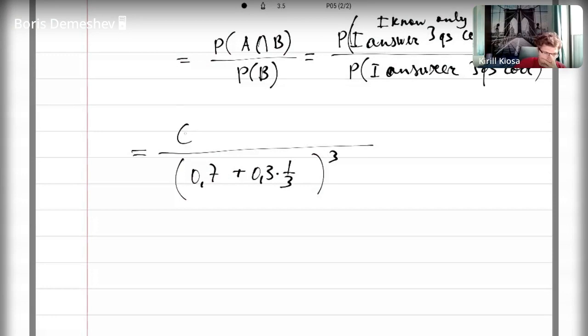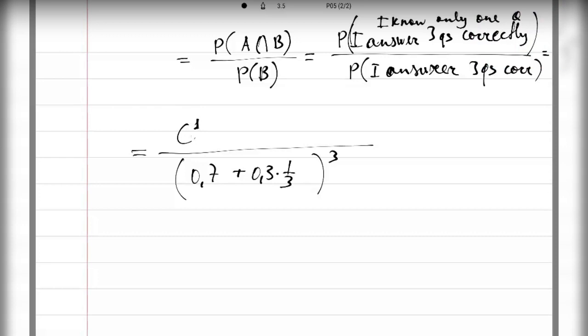We multiply this value 3 times by itself because we need to answer all 3 questions correctly. And in the numerator, we have something like binomial distribution, because we need to know one question out of 3 questions. So we have choose one out of 3.